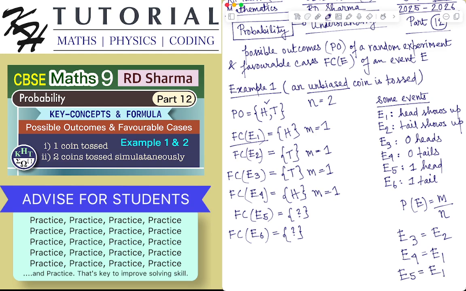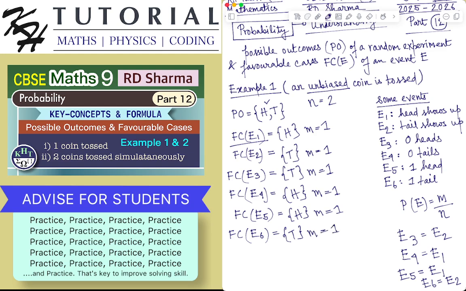What are the possible outcomes that satisfy the event E5? It will be H. Here also m is 1. Similarly, event E6 is one tail, which means E6 is identical to the event E2. So the favorable cases for the event E6 will be tail, and we have m equal to 1.